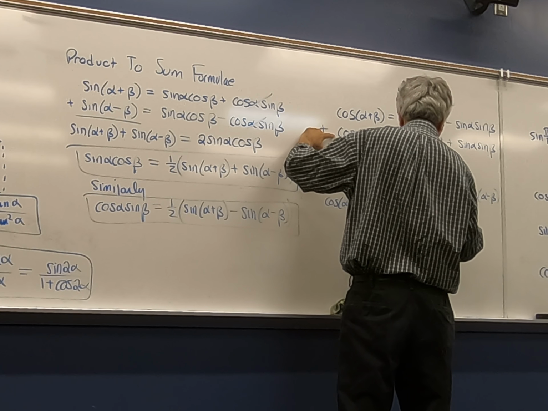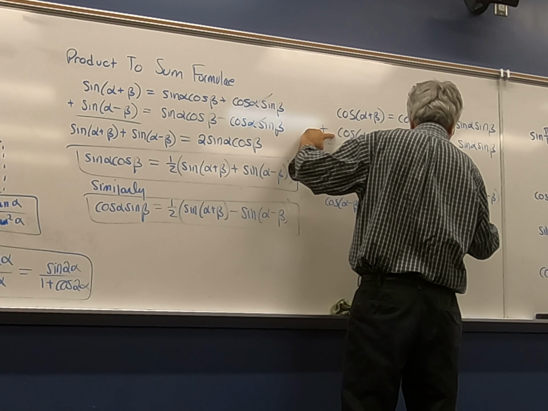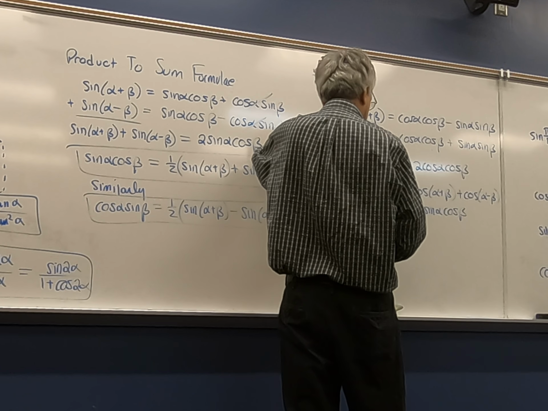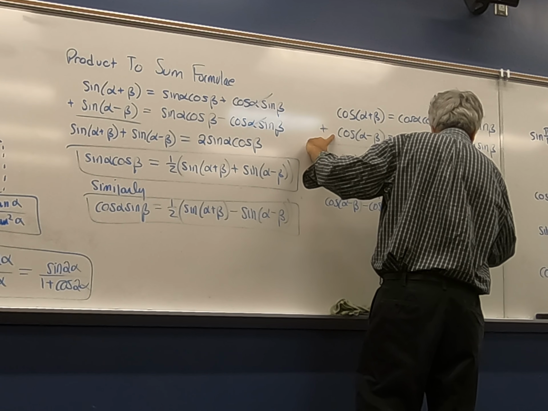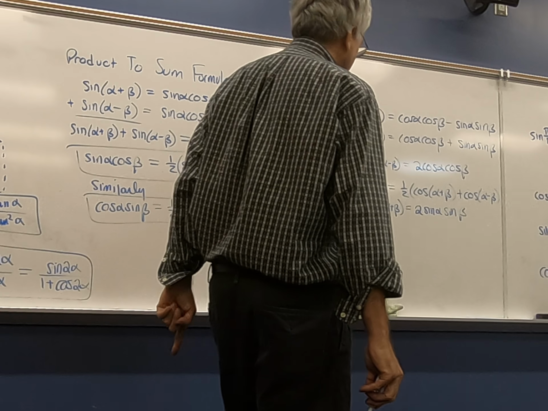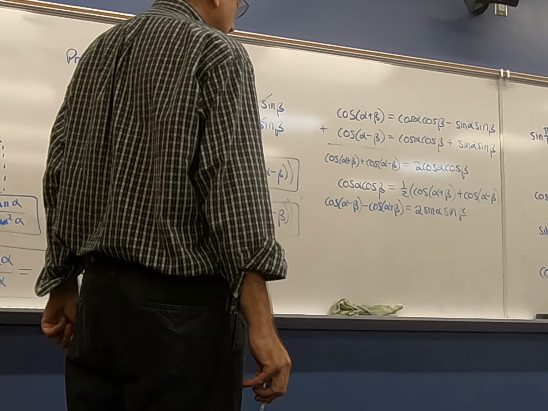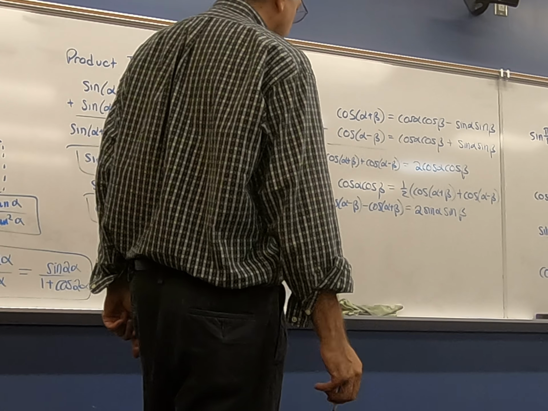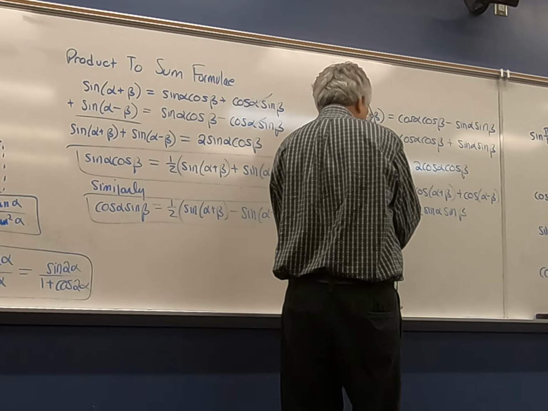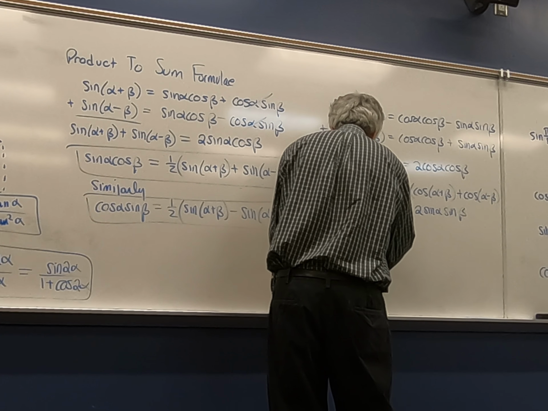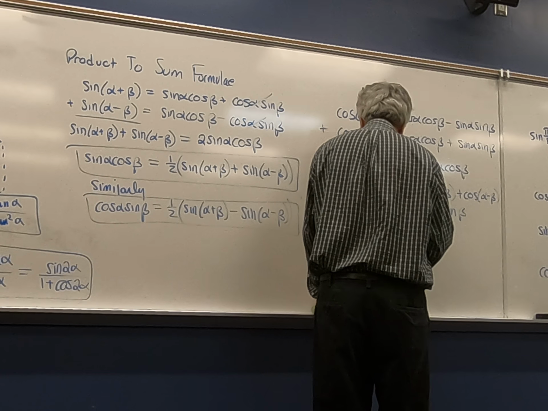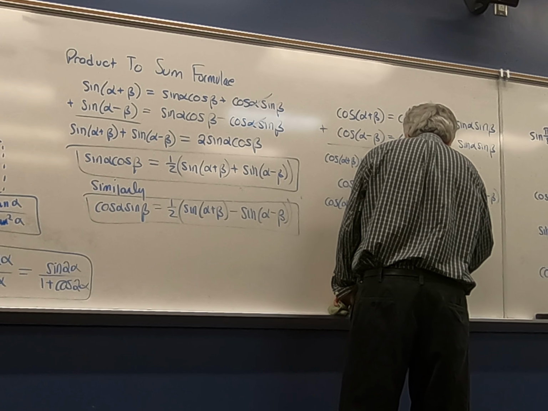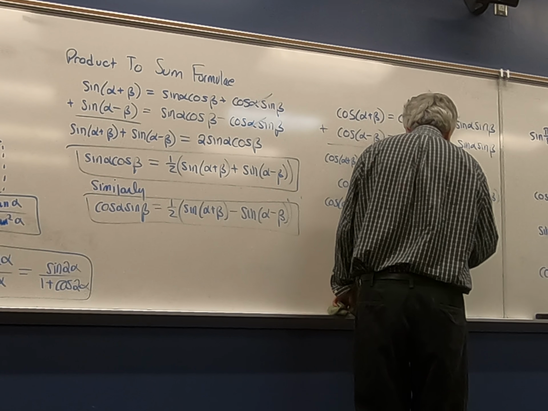So I get 2 sine alpha sine beta, which I can then solve. And all this symmetry starts to swim around after a while. So bear with me. We get the product sine alpha, sine beta is 1/2 the difference, cosine alpha minus beta. And we're only halfway done.